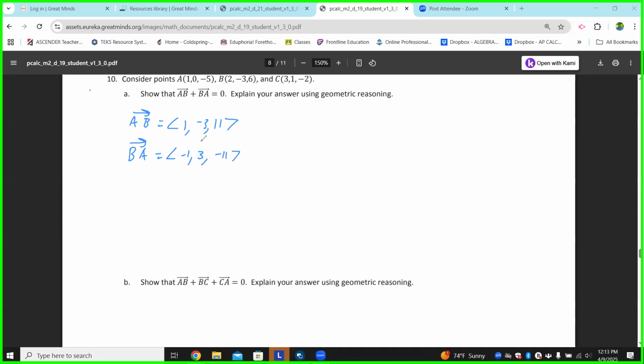So we should know that these are opposites. To explain this, we just add these two directed line segments up. So 1 plus -1 gives me 0, -3 plus 3 gives me 0, and 11 plus -11 gives me 0, which explains it going back to the origin of three-dimensional space.